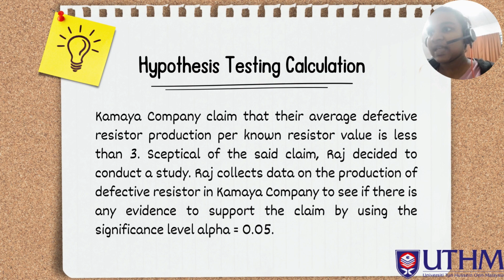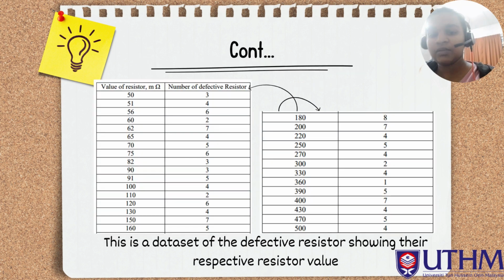So he sets the significance level to 0.05 and wants to see if it's less than 3, more than 3, or equal to 3. So what he does is collect 30 resistors with different resistance values, and we see how many are defective. This is the table that shows the numbers.